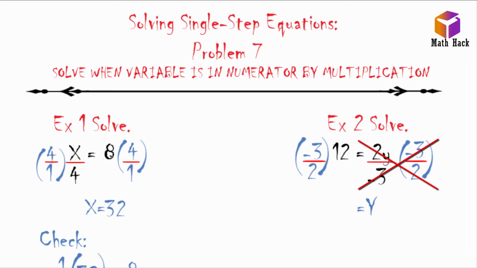On the left-hand side, we've got -3/2 times 12. And the way I like to do these is to say, okay, well, I can do the 12 divided by 2. That's 6. 6 times -3 is -18. A good idea right now would be to plug this back in. So I would write check.